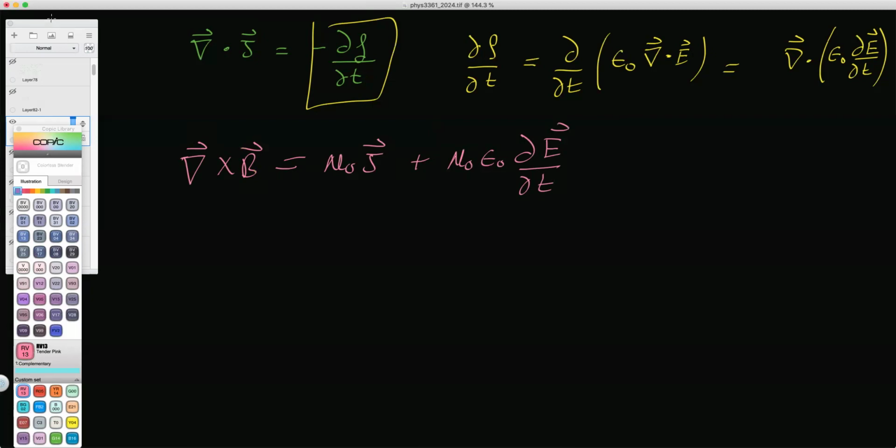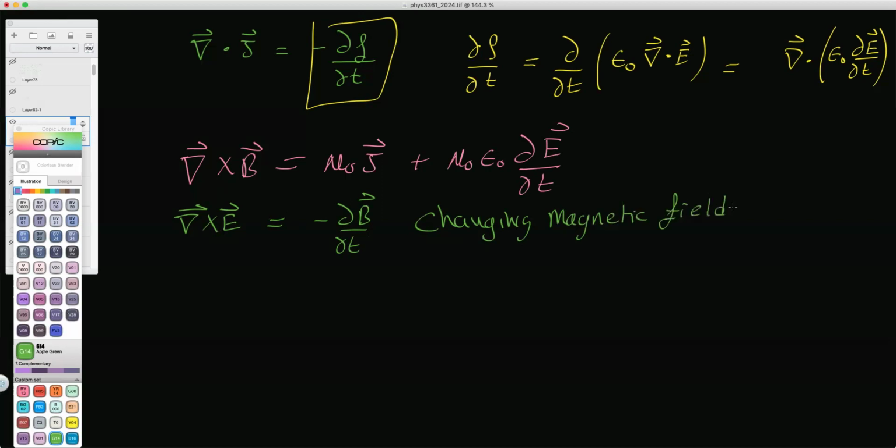So if we go back to the beginning of Maxwell's equations, right? We call this guy del cross E is equal to minus partial B partial t. This we said was changing magnetic fields induce electric fields.